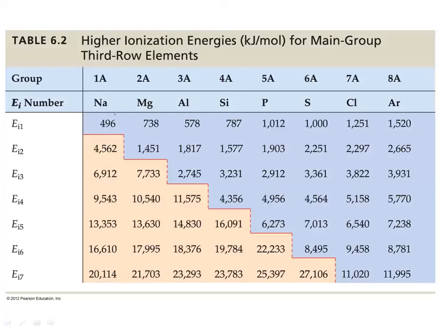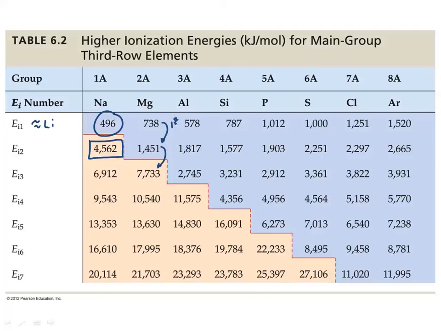So if I take a look at sodium, and sodium is about the same as lithium, notice that it's really easy to remove that first electron from sodium, but to remove that second electron from sodium is really tough. So the first one's easy, second one's tough. Notice for magnesium, it does increase also, but there's a huge jump going from the second.